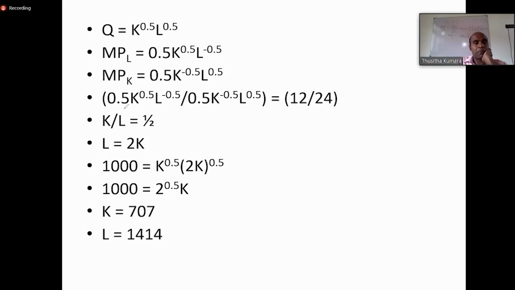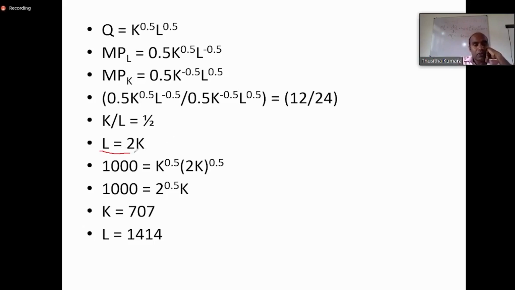MRTS equal to MPL by MPK equal to W by R. So K equal to 1 divided by 2, that's half. If we further solve, we can say L equal to 2K, K equal to 0.5 L. Yes, Kavishka is correct. So we can say L equal to 2K, or K equal to 0.5 L.